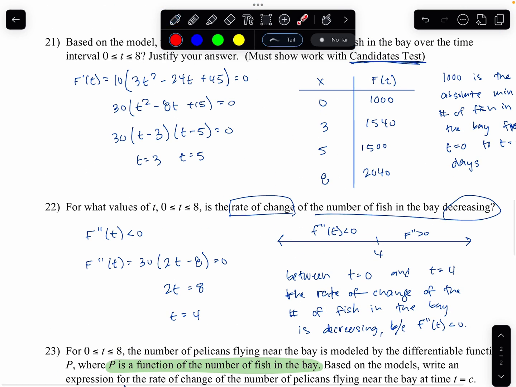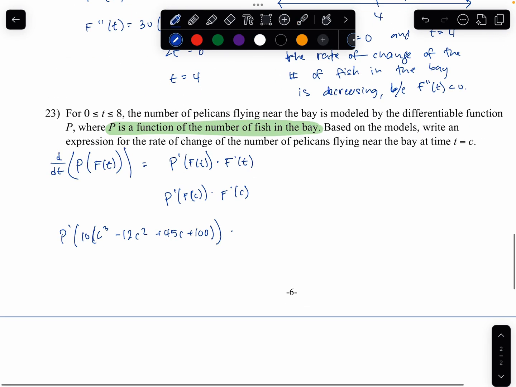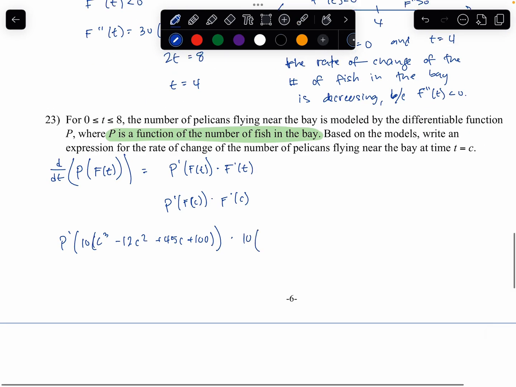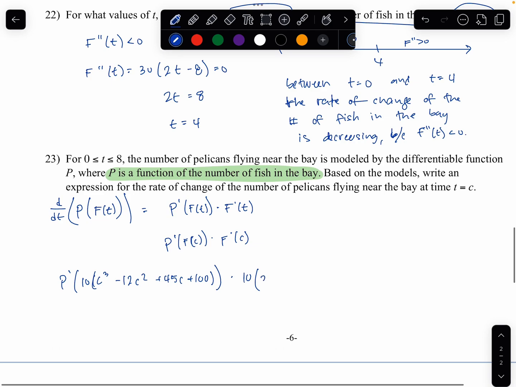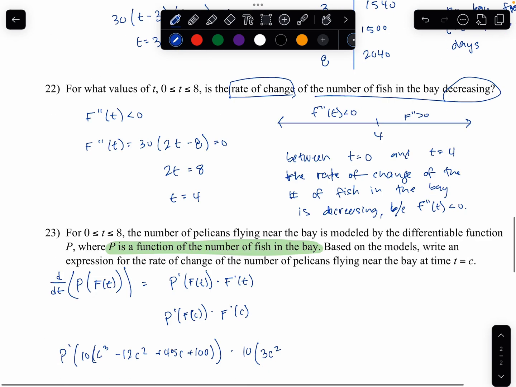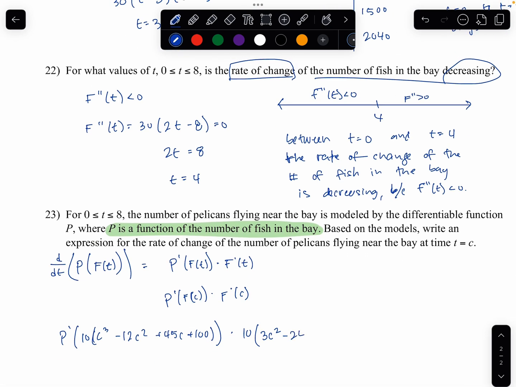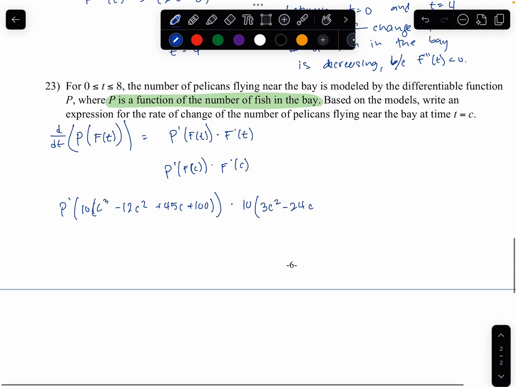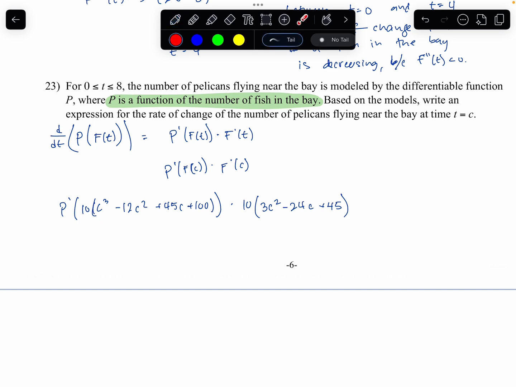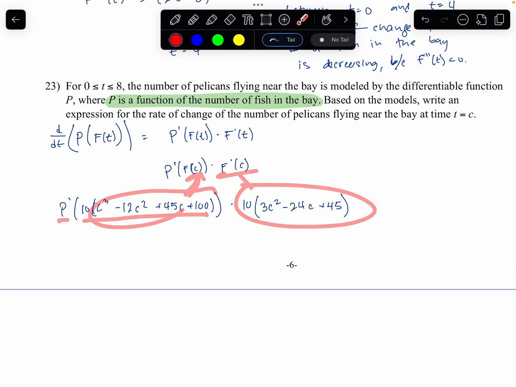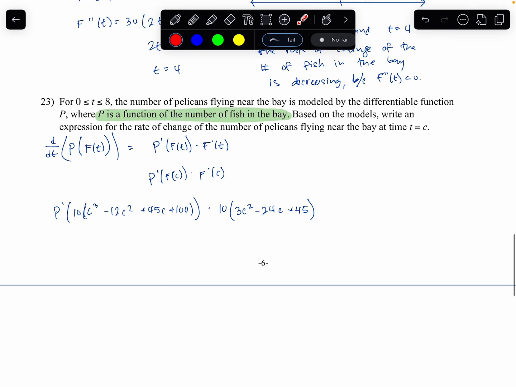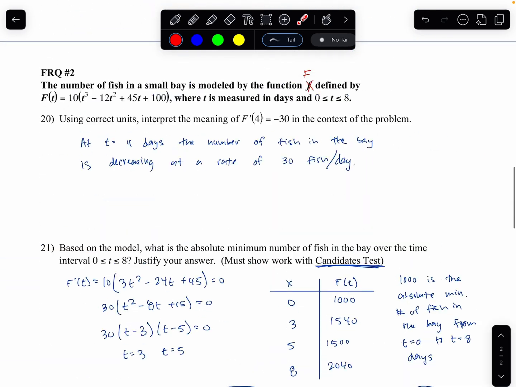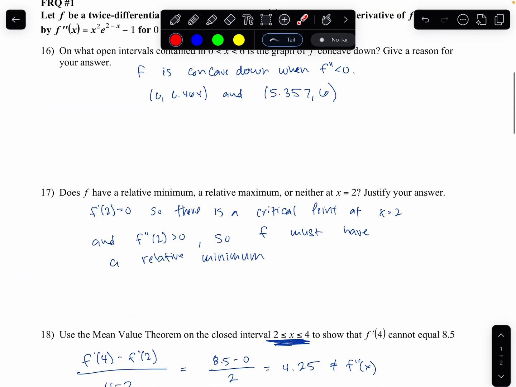And f prime of c would be this right here, so times 10 of 3c squared minus 24c plus 45. And that's all I would do. So we've got p prime of f of c times f prime of c. So there you go. That should do it. Kind of a weird one, but all right. Good luck with your studies.